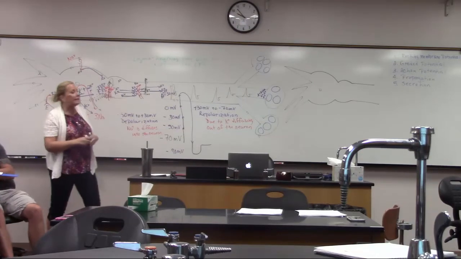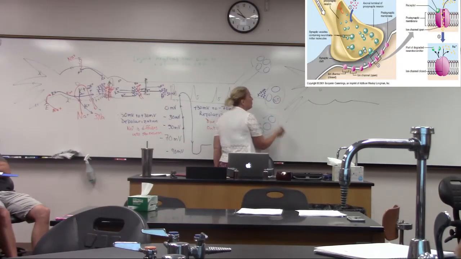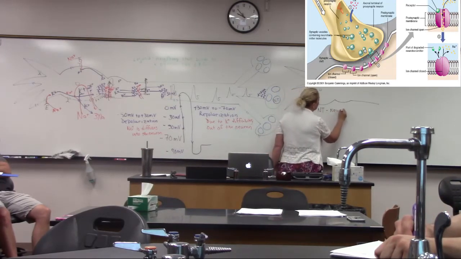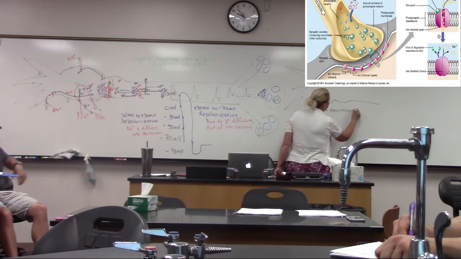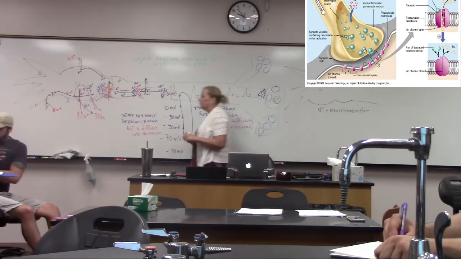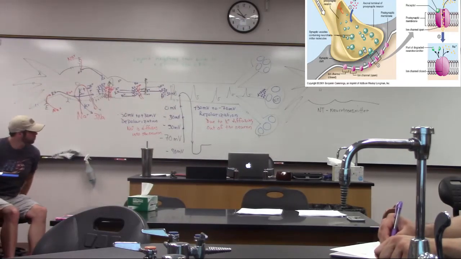And the something that's inside of these vesicles is a chemical that we refer to as a neurotransmitter. So we store these neurotransmitters in the vesicles in the terminal bouton.